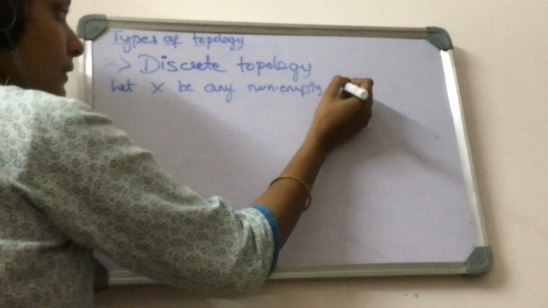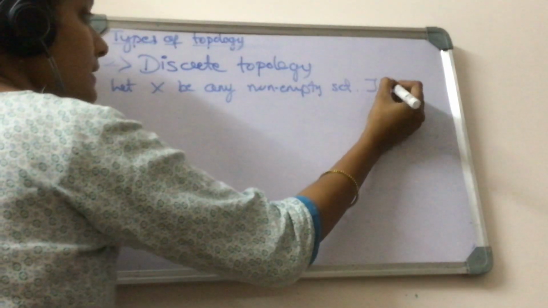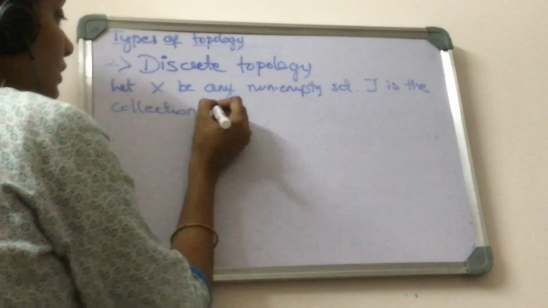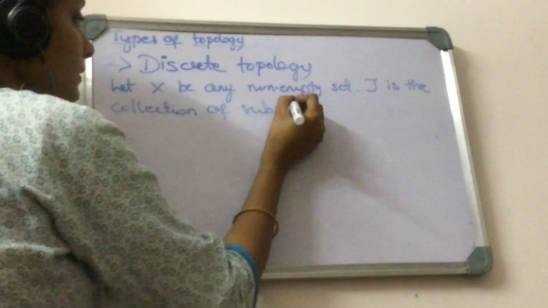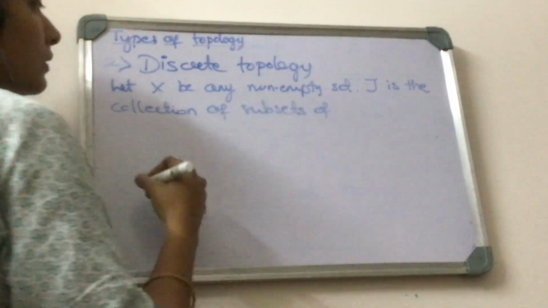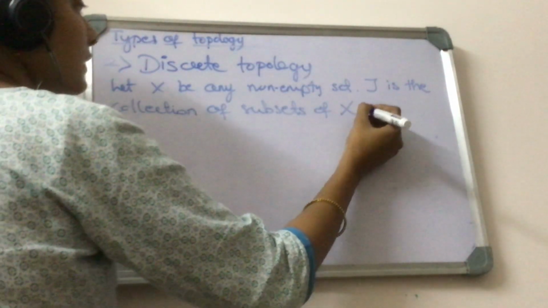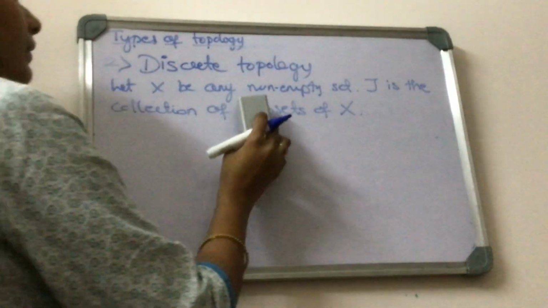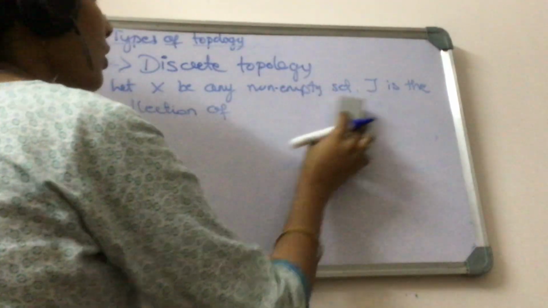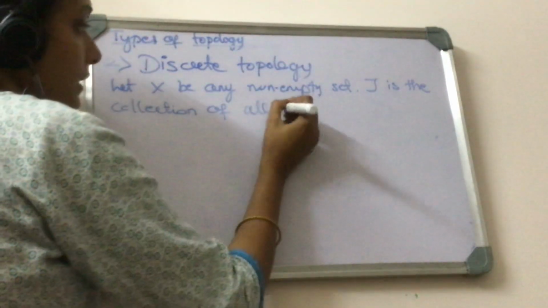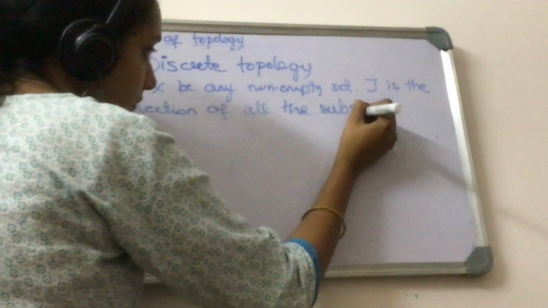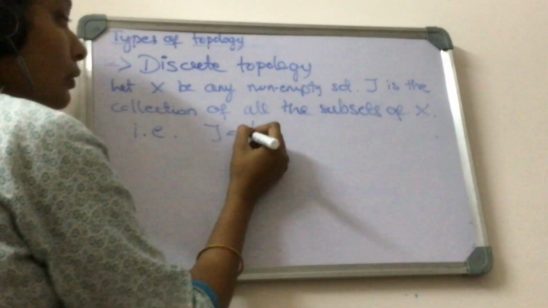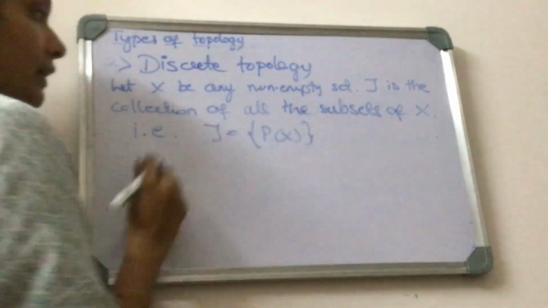Okay, tau is the collection of subsets of X. Okay, so here tau is not only the collection of subsets of X, tau is the collection of all the subsets of X. That is, tau is equal to P of X. What do you mean by P of X?